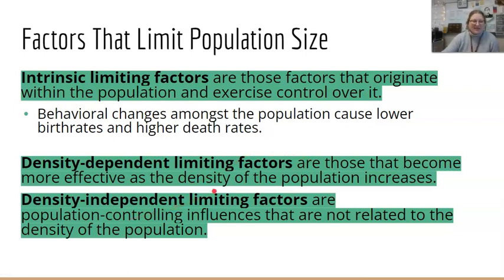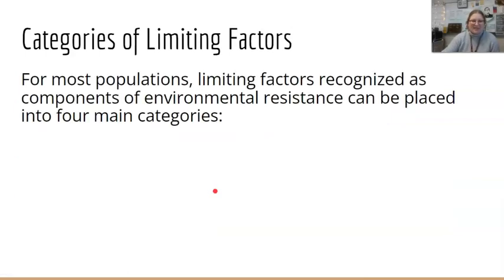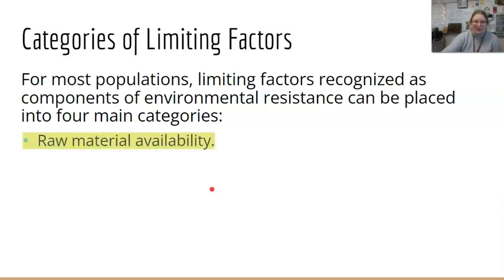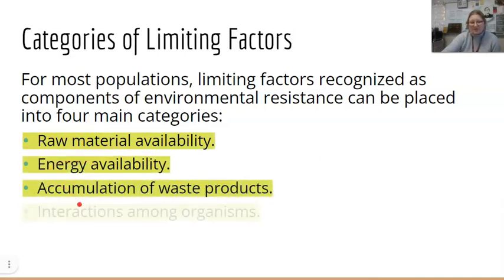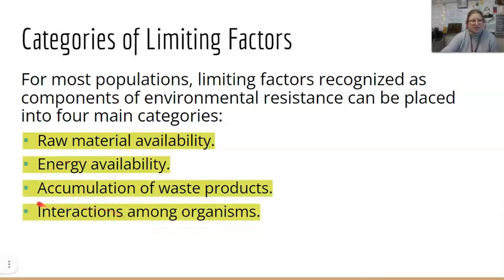So for most populations, limiting factors recognized as components of environmental resistance can be placed into four main categories: raw material availability, energy availability, accumulation of waste products, and interactions among organisms. Raw material availability could be food availability, water, or light.